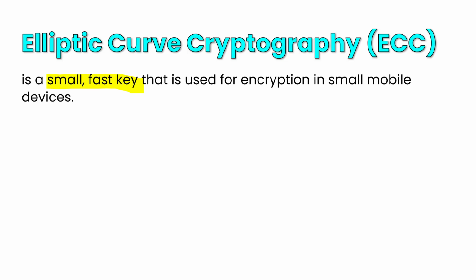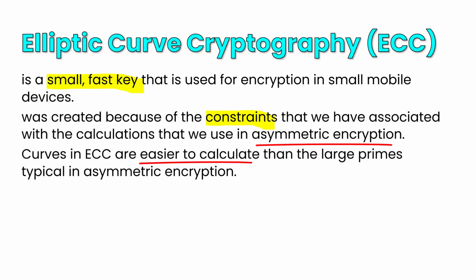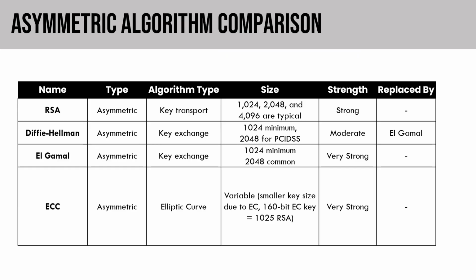Elliptic curve cryptography, or ECC. ECC is a small, fast key that's used for encryption in small mobile devices. It was created because of the constraints associated with the calculations that we use in asymmetric encryption. Curves in ECC are easier to calculate than the large primes typical in asymmetric encryption. But it's a small, fast key, so just to quantify that for you, here's a table of relative key sizes for ECC versus RSA, Diffie-Hellman, and ElGamal.